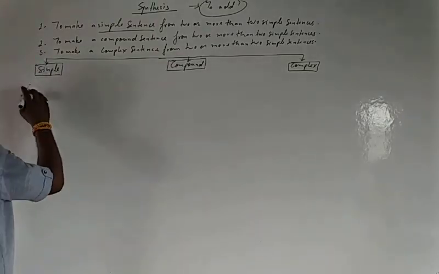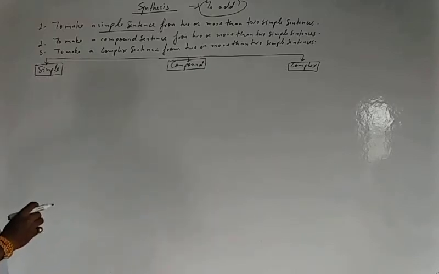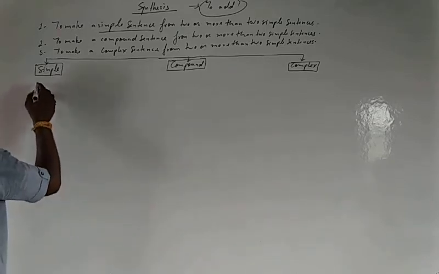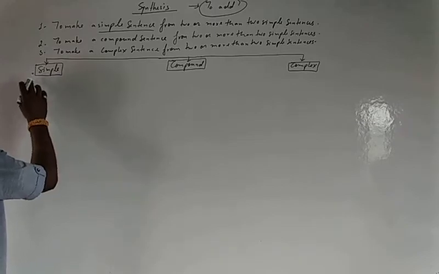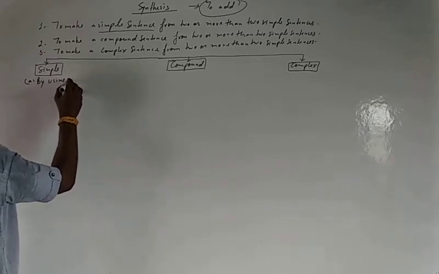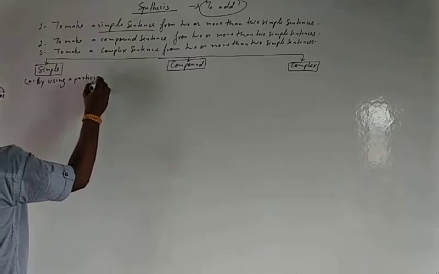So, for your kind information, there are 7 rules which are necessary to make a simple sentence from two or more than two simple sentences. They are: first, by using a participle.